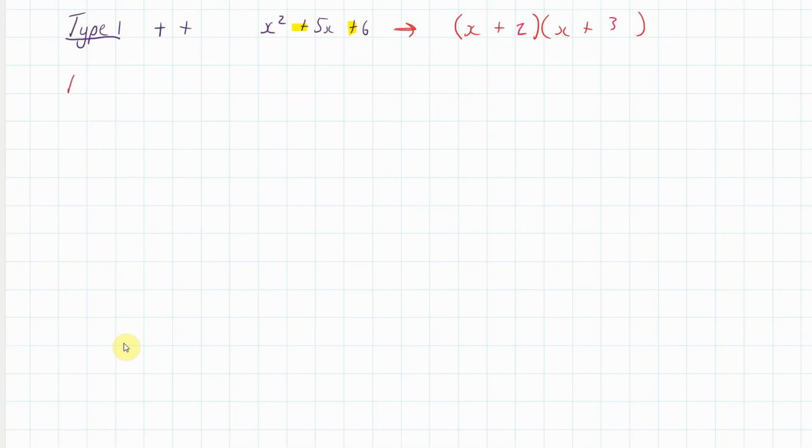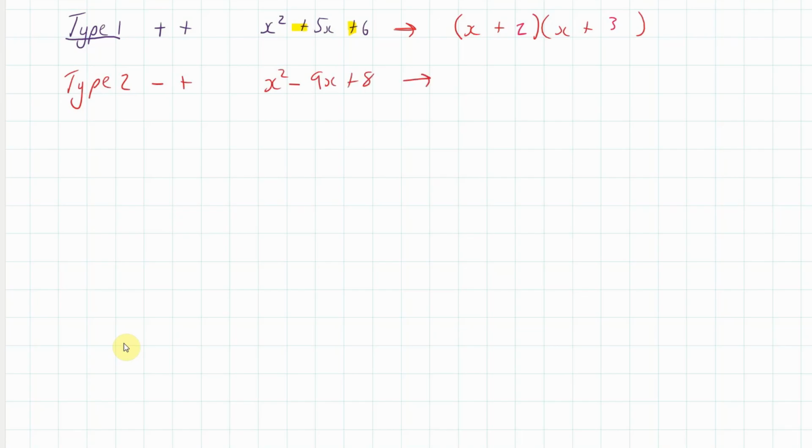Now type 2 is very similar. So type 2, you've got minus positive. So an example would be x squared. Let me see, let me give you an example from your text. Do we have one here? Yes, here's one, minus 9x plus 8.